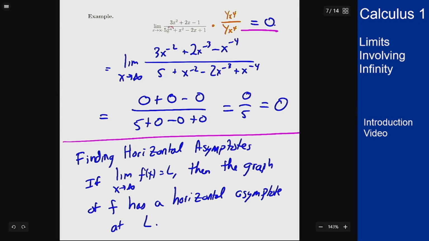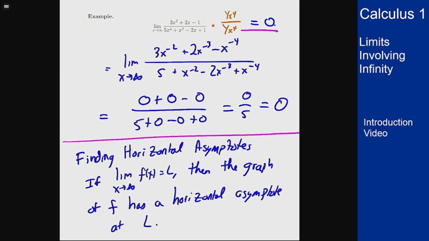If the bottom has a higher power, then it has an asymptote at 0. If the top has a higher power, it goes off to infinity, doesn't have an asymptote. And if they are the same, you get the ratio of these coefficients. This exact process here is how you determine that out explicitly using limits and using calculus.